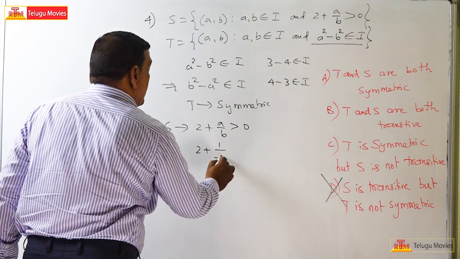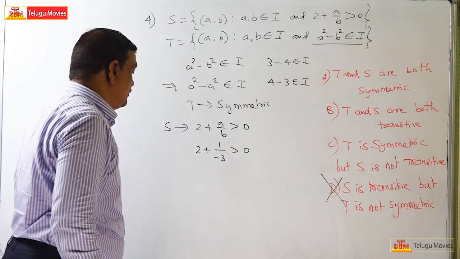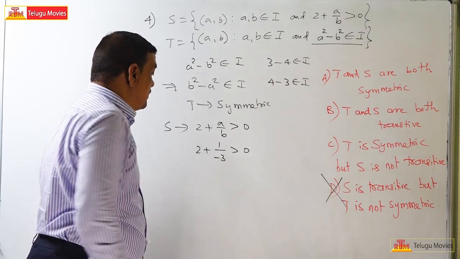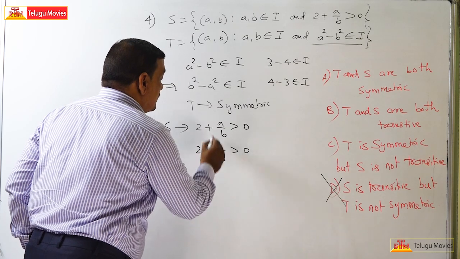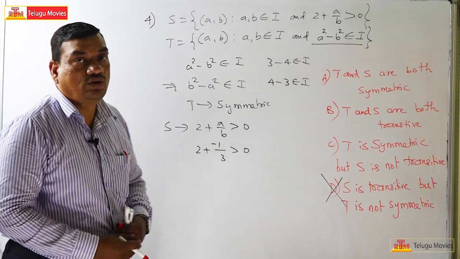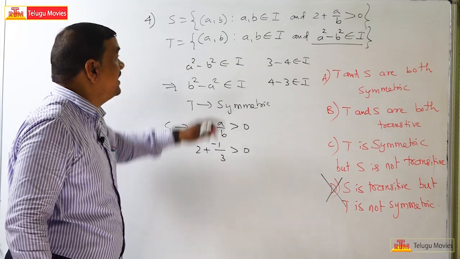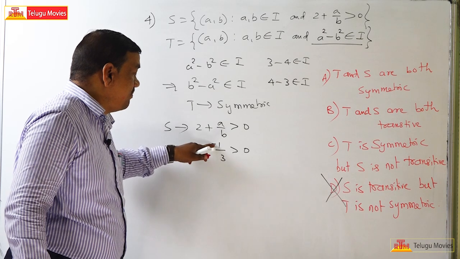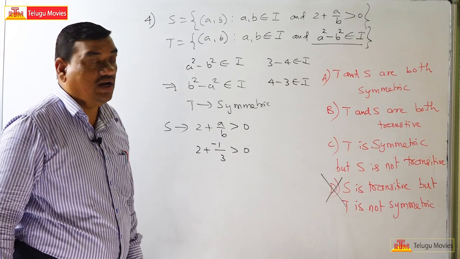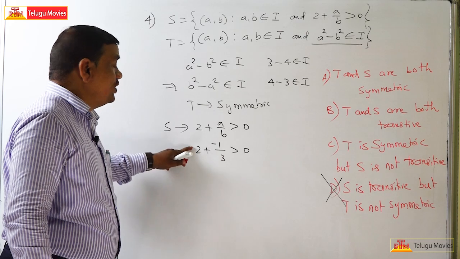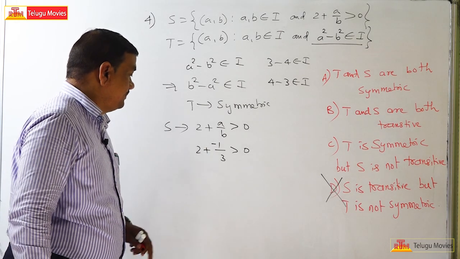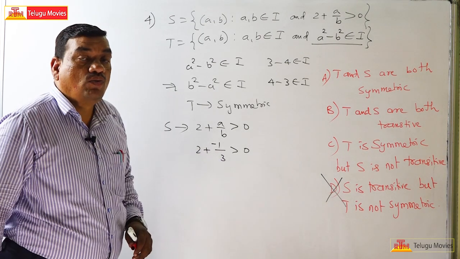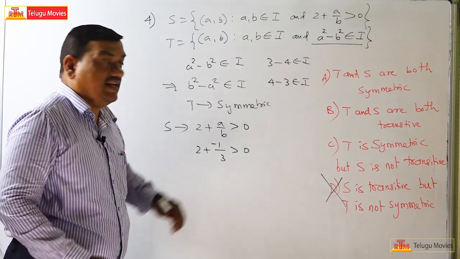Take a as 1 and b as minus 3, where a and b are integers. So 2 plus 1 by minus 3, that is 2 minus 1 by 3, which is greater than 0. Three 2s are 6, 6 minus 1, 5 by 3 is greater than 0.